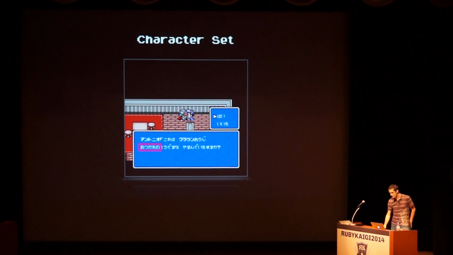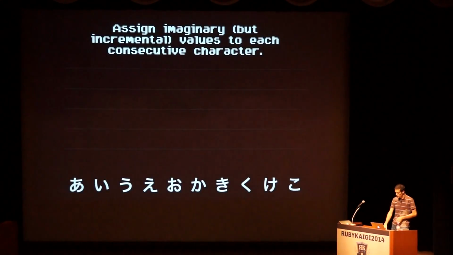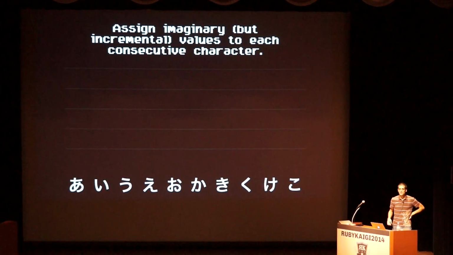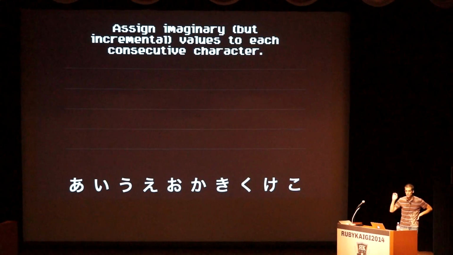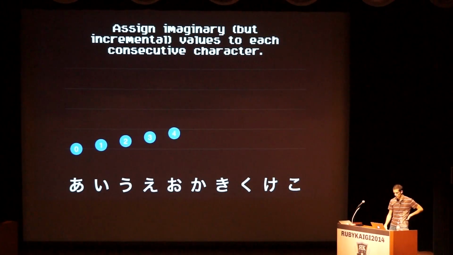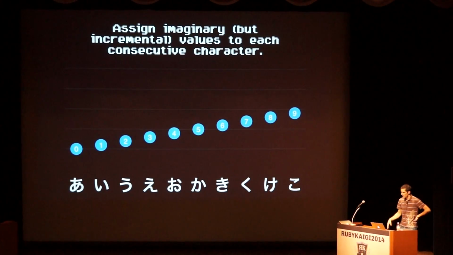It's not true in UTF-8, but what we're able to do is assign to each of those characters an imaginary incremental value. A, I, U, E, O, ka, ki, ku, ke, ko.